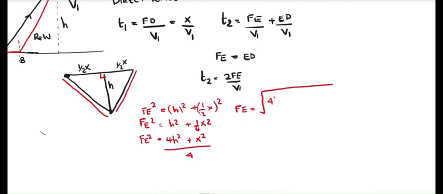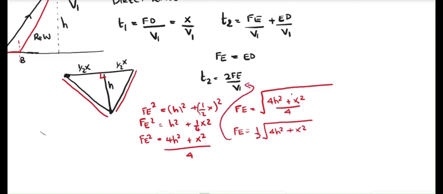So I can say that FE is equal to 1 over 2 square root of 4h squared plus x squared. Now we can put this into this equation, right?